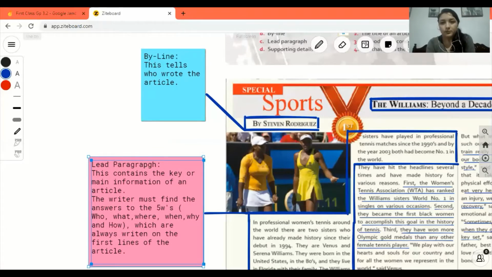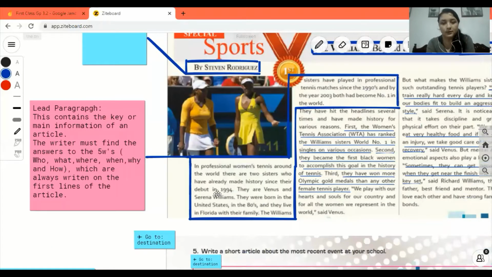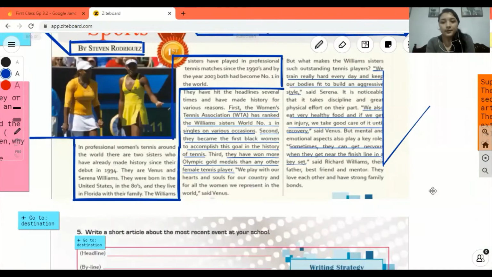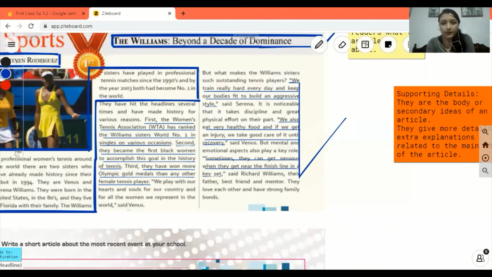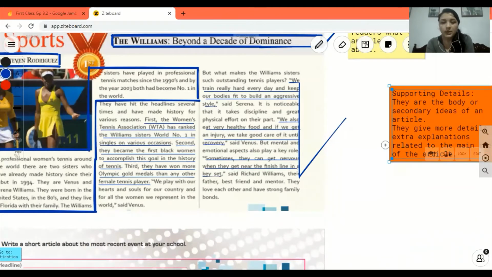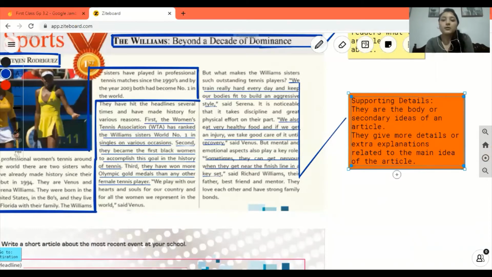So here we have the lead paragraph of this article, that is all this part. It contains the answers to all these questions. We also have the final part, the supporting details. They are the body or secondary ideas of an article.